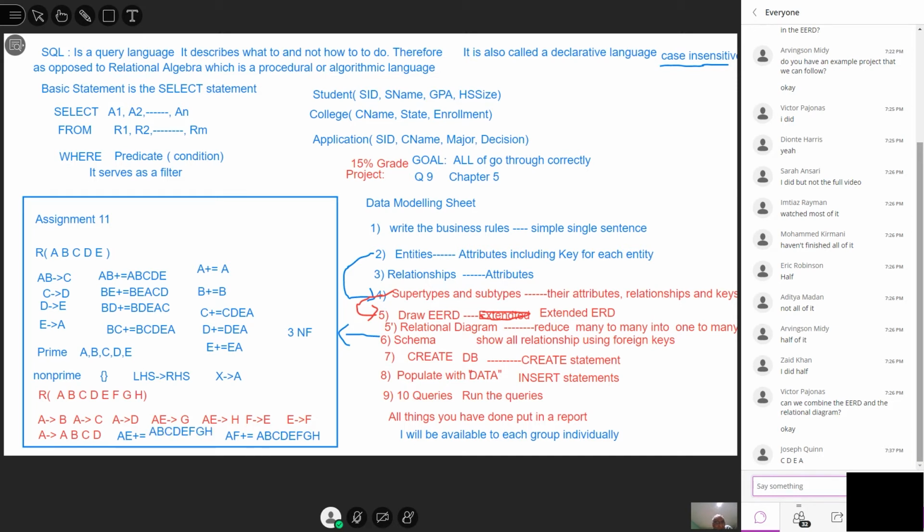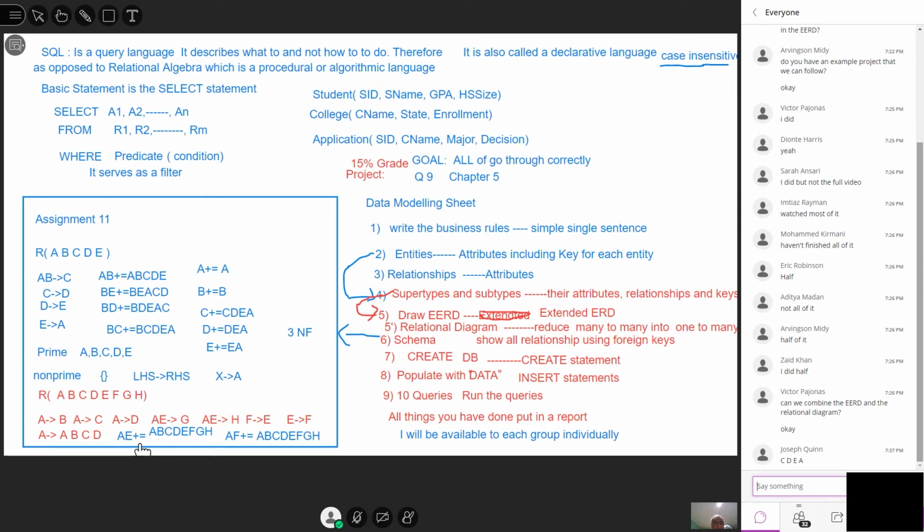Now we already showed, please look at it, that A is not a super key right here. So if A is not a super key, then AE is a super key. That means if we take A out of it, it's not.